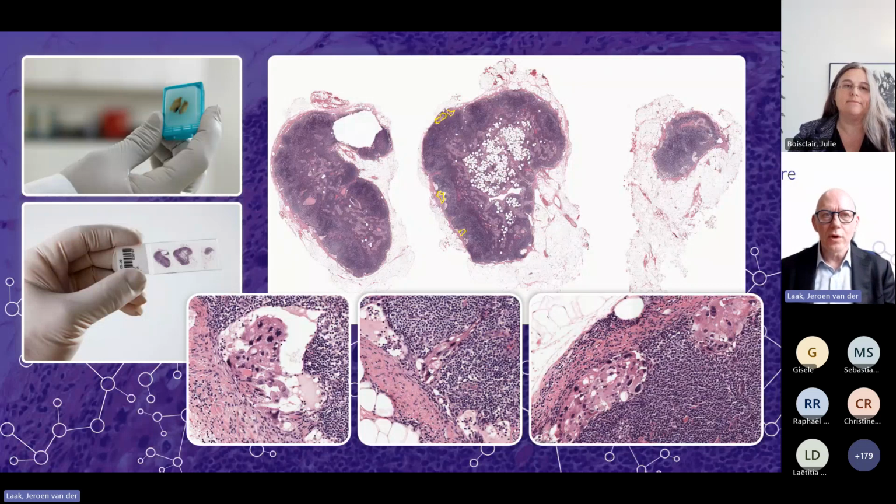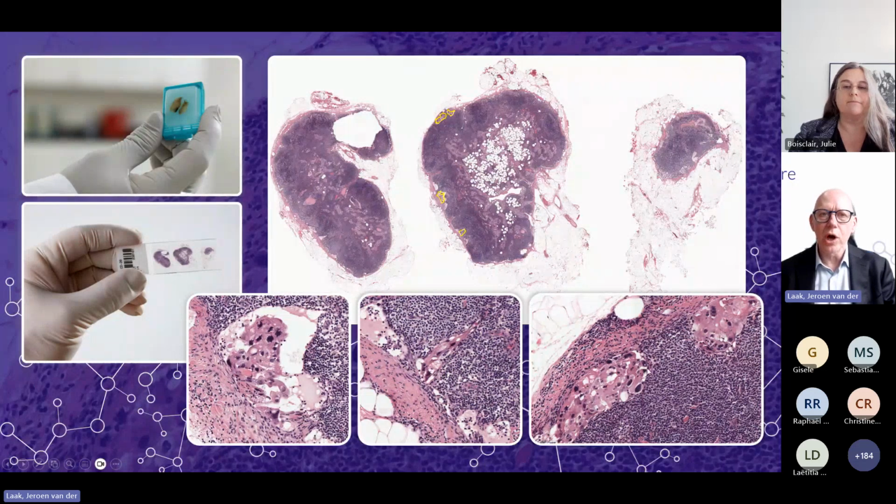Now, just to give you a sense of what AI could do for you, and this is one of the most simple, low-hanging fruit applications in pathology, I think, the AI could pre-analyze that tissue section for you and present you the results that you can see on my screen now. It could already show you in yellow the areas that the AI has picked up as suspicious for cancer, and could also already give you, for instance, these thumbnails.